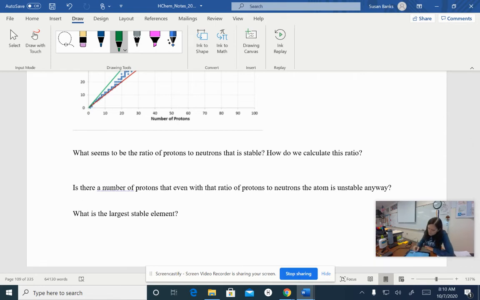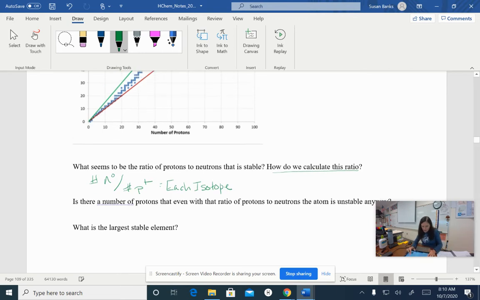So, what we really are doing to calculate this ratio is we are looking at the number of neutrons and we are dividing it by the number of protons. Okay? And we can do that for each isotope of each element.